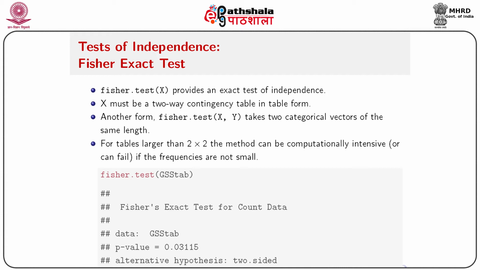For tables larger than 2 by 2, the methods can be computationally intensive if the frequencies are not small. Here in fisher.test, I am passing the GSS table, that earlier data, and that will give you the Fisher's exact test results as the p-value for a two-sided test. The p-value is showing it is significant.